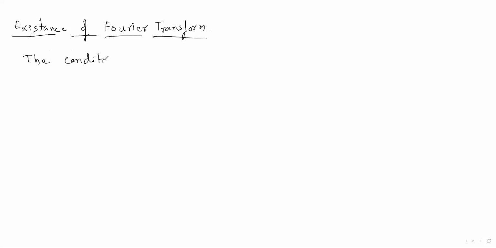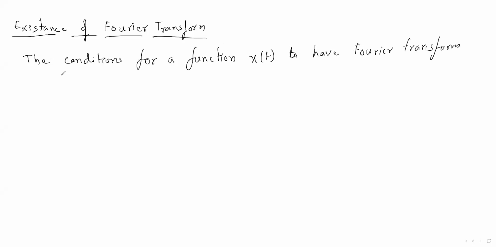The conditions for a function like x(t) to have a Fourier transform are called the Dirichlet conditions.